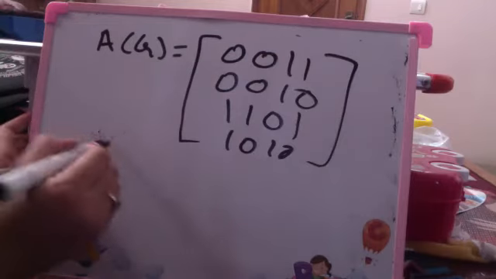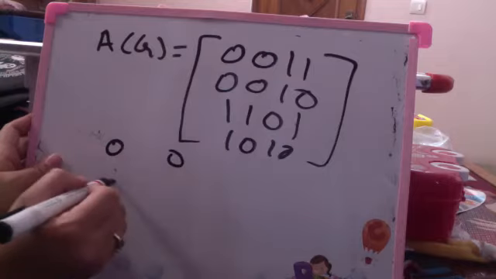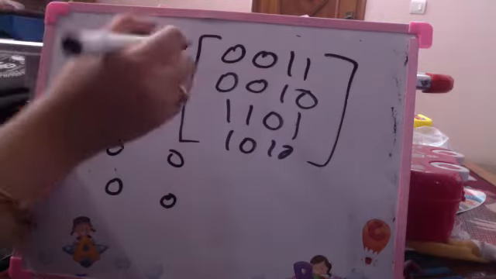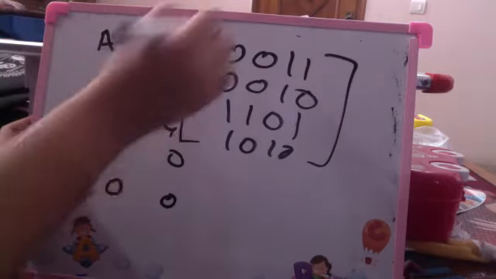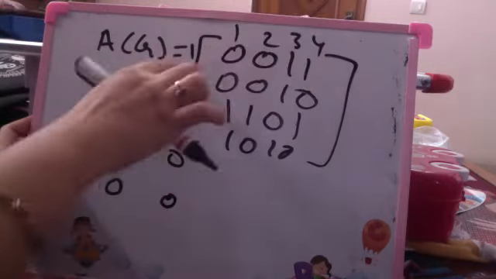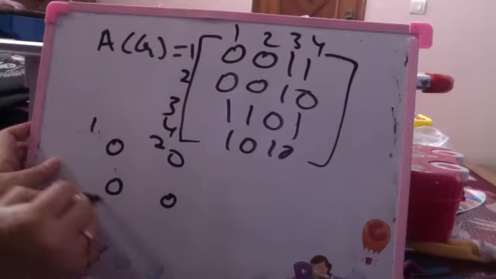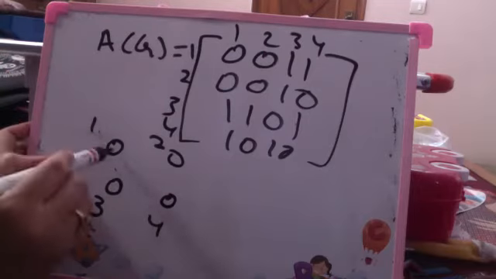So clearly I have 4 nodes in the graph, is that understood? Node 1, 2, 3, 4 if I am representing them. Then 1 is adjacent to 3 and 4.